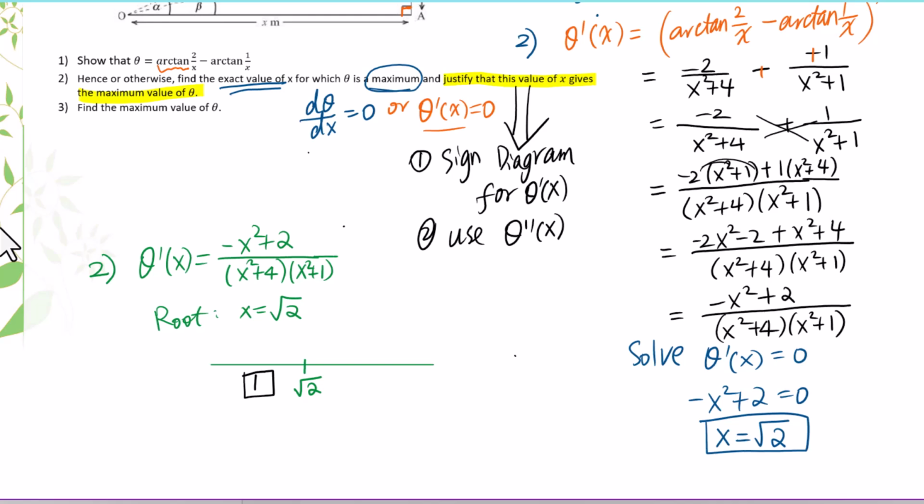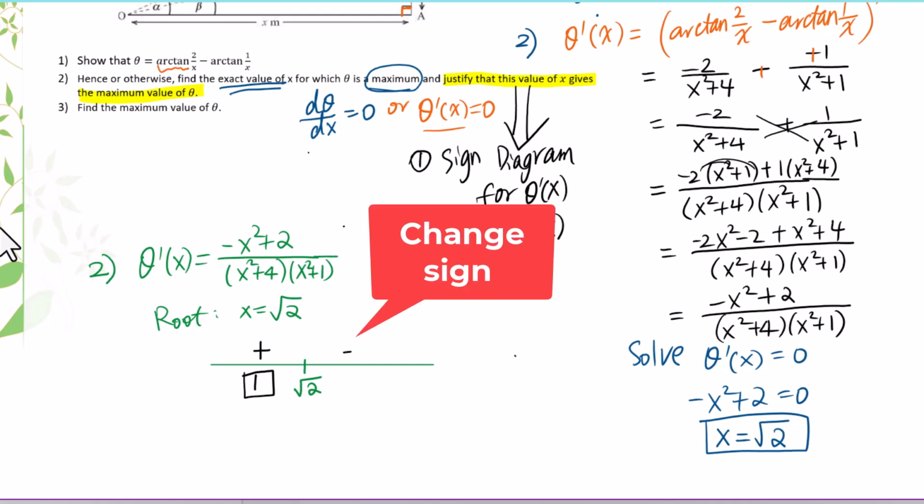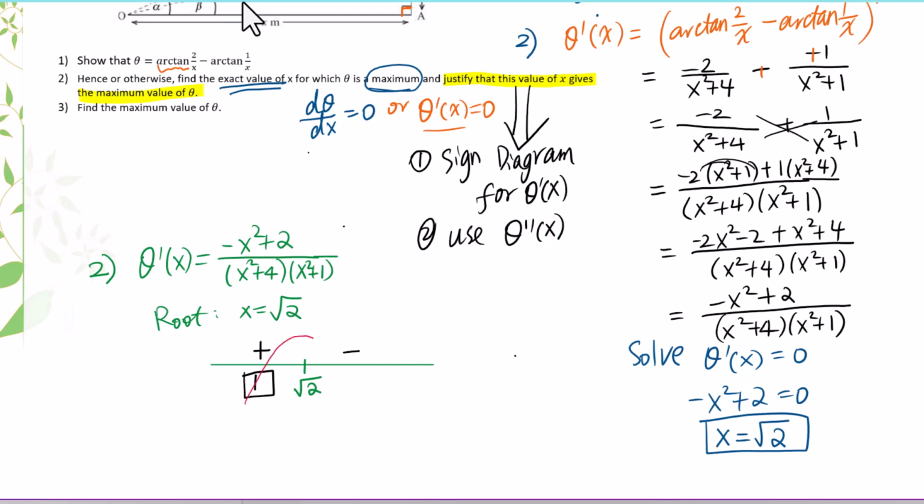Let's use 1 as the testing number. We plug 1 into this equation. We got positive, negative. So increasing then decreasing. This is a maximum value. So theta has a maximum at x equals square root of 2.